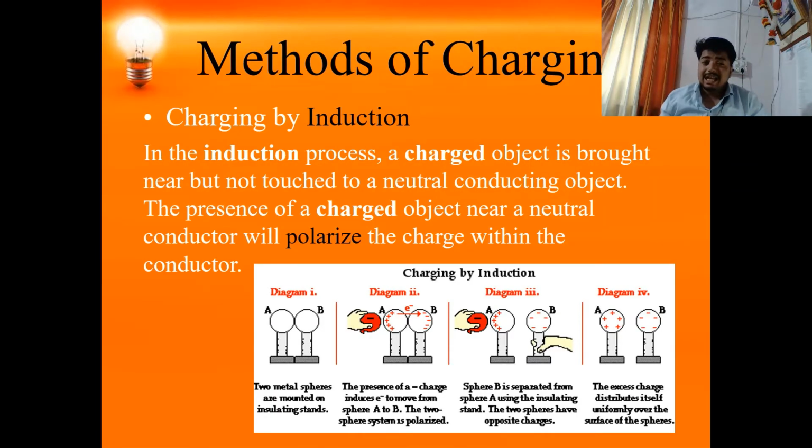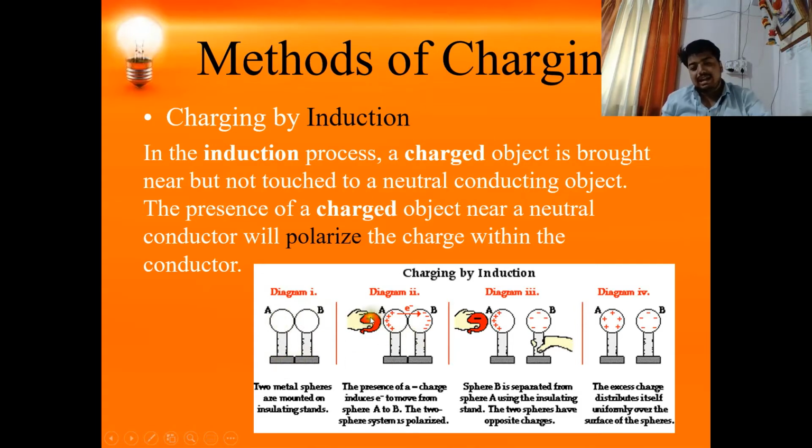Now let us study charging by induction. In this process, a charged object is brought near two uncharged objects, which are polarized and then separated so that they give a net positive or negative charge. How this process happens: consider these two metal spheres, A and B. They are connected to each other but mounted on an insulating stand so that they are insulated from the earth.